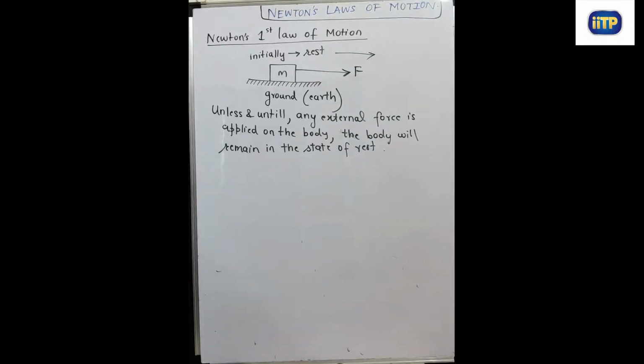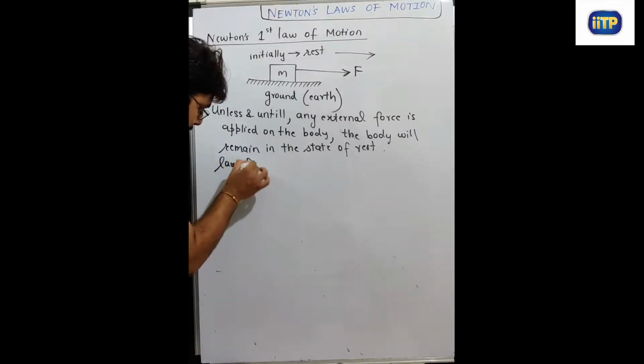So it states that every body or object in this universe will continue to be in a state of rest or motion in a straight line unless and until acted upon by an external unbalanced force. This is Newton's first law, which is also referred to as the law of inertia.